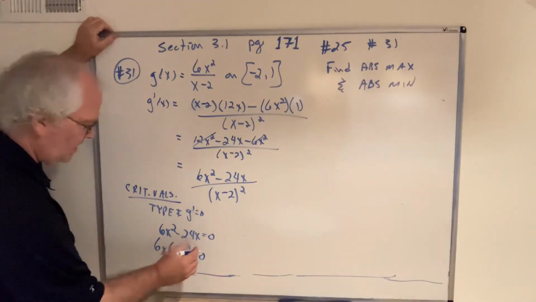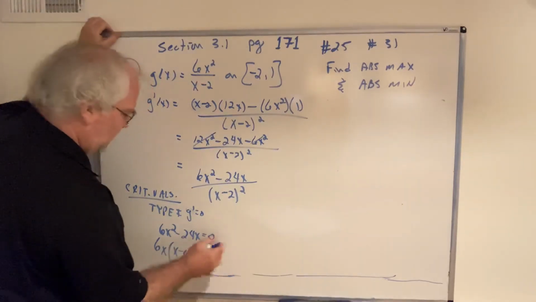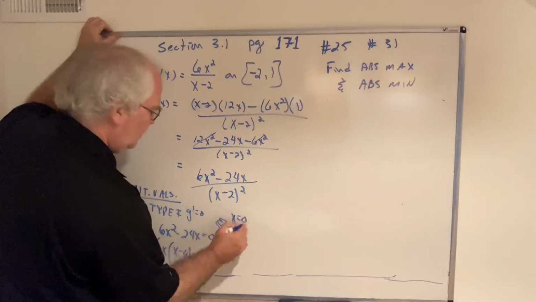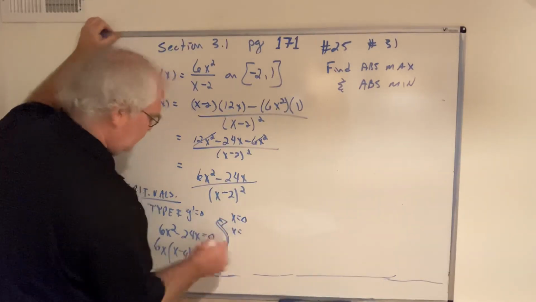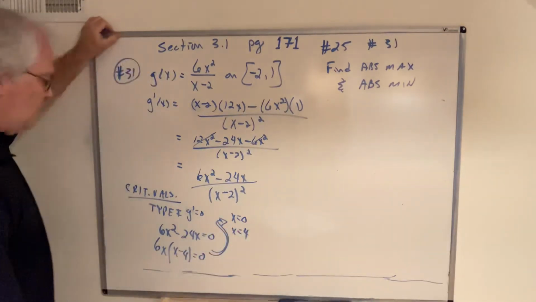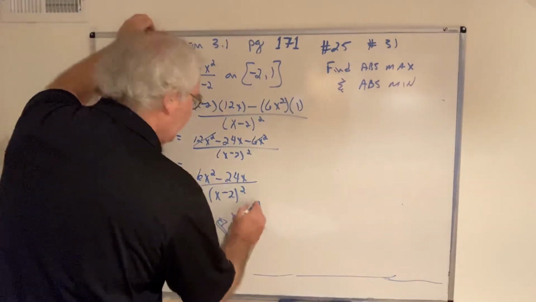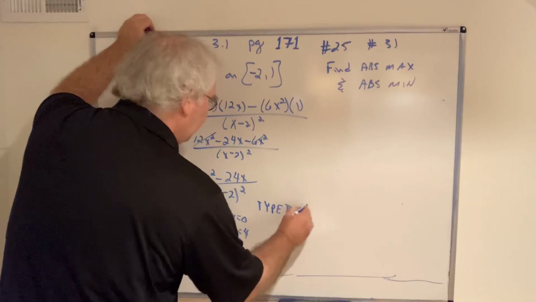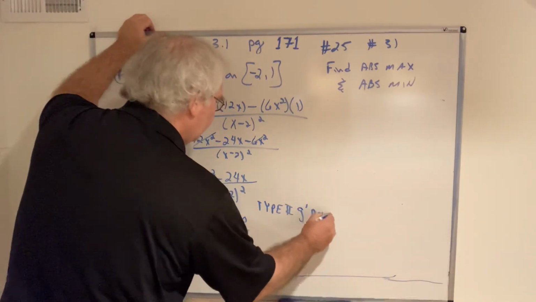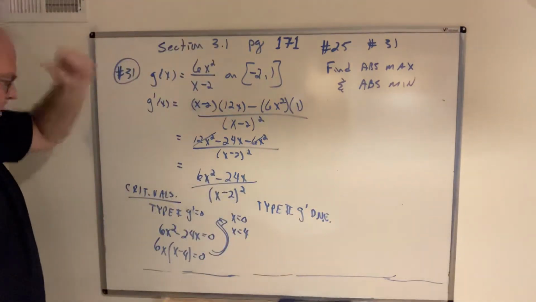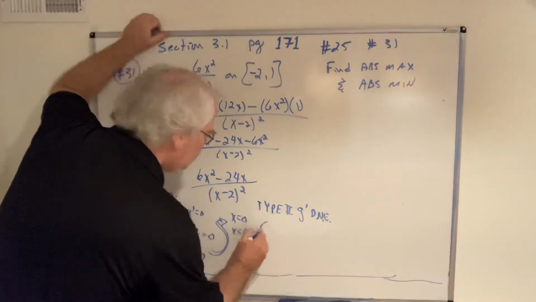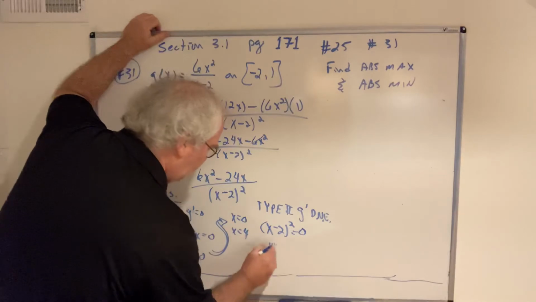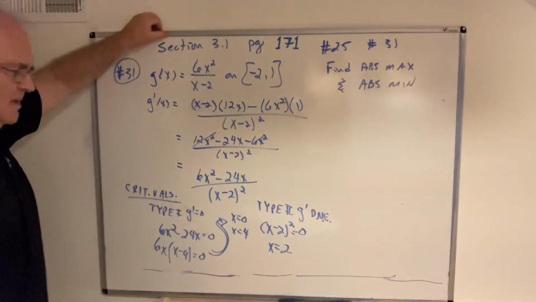And so we get x equals 0, and x equals 4. So those are my two type 1 critical values. Type 2 is where the derivative does not exist, and that's where the denominator is equal to 0. That gives us x is equal to 2.